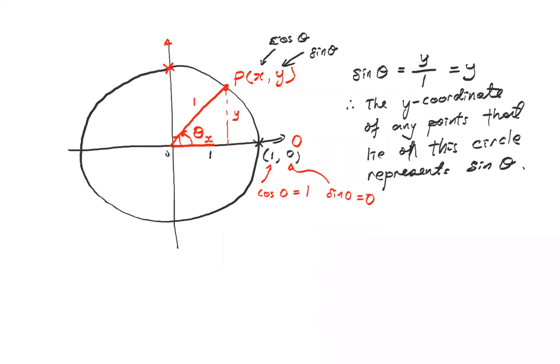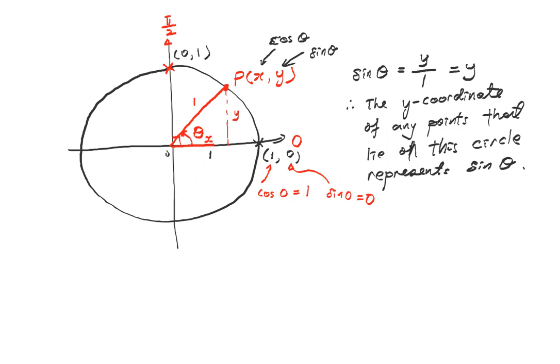So the angle here will be pi by 2. This point, how do we read the coordinates? 0, 1.